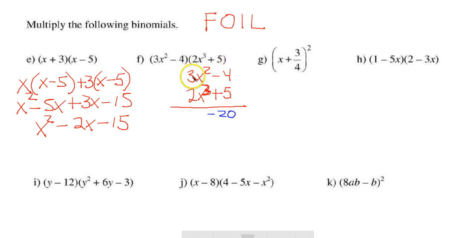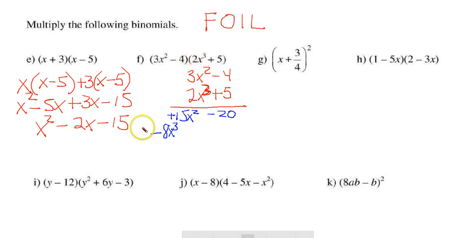Multiply this term by this term, and this gives you a 15 x squared. Now you're going to multiply this term by this term, and you have to put it in its own like term column, which is a negative 8 x to the third, keeping in mind that's a plus up there.